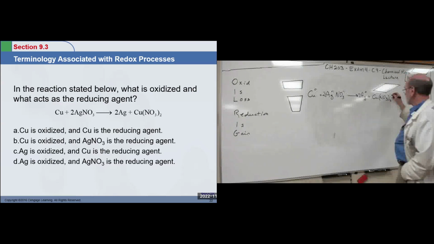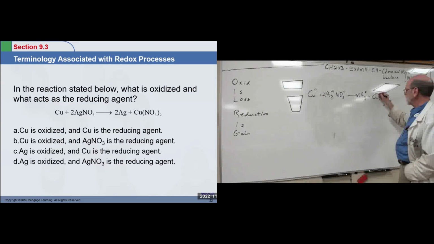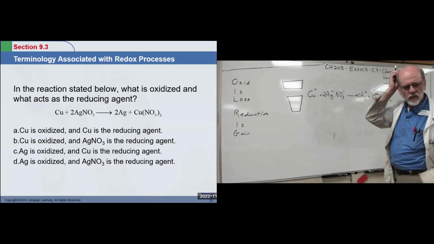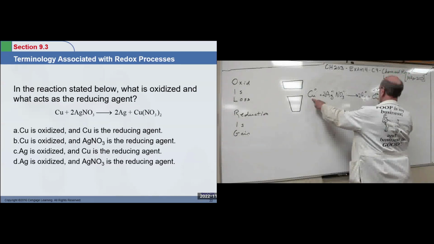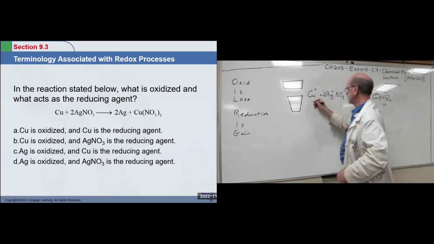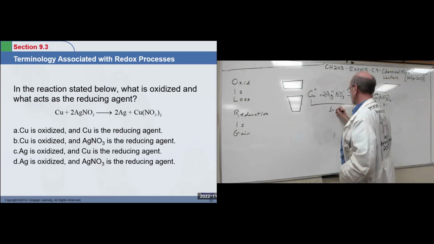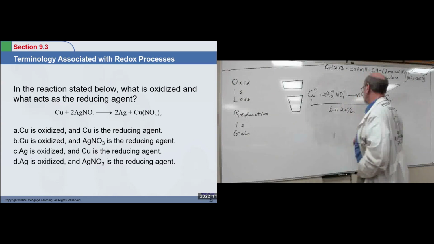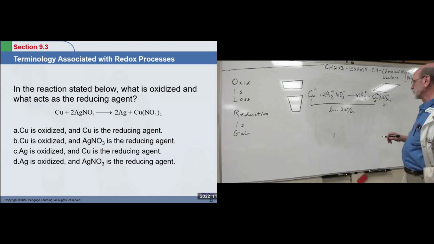Okay, so that means if this is -1 here, we got two minuses, that means this copper has to be a +2. Okay, so we're looking for the one that lost electrons. Copper went from 0 to 2+. So it lost 2 electrons for each copper. Right? And 2 electrons total, actually.